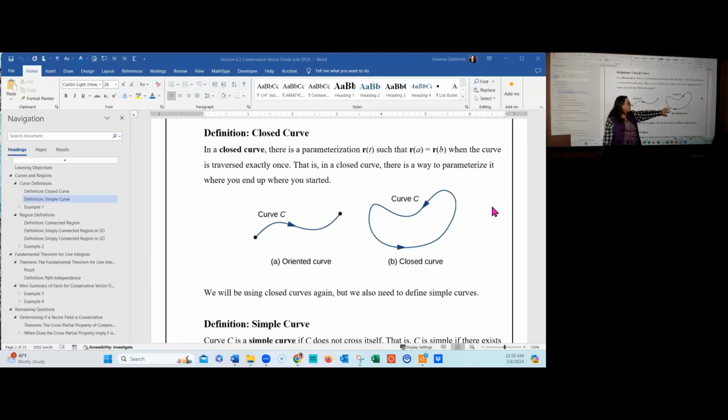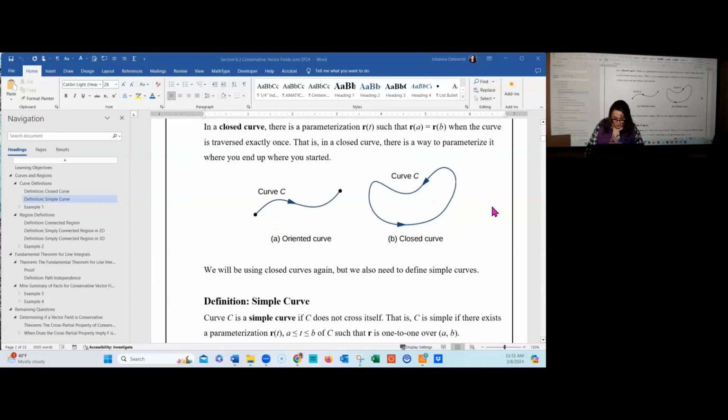The curve on the right, however, forms a loop. Curves that form loops are by definition closed because wherever the t value starts, when you end, you'll end up right back at the same value. There may be other ways to parameterize the curve, but the definition of the closed curve just says there does exist one where the beginning and the ending point are the same.